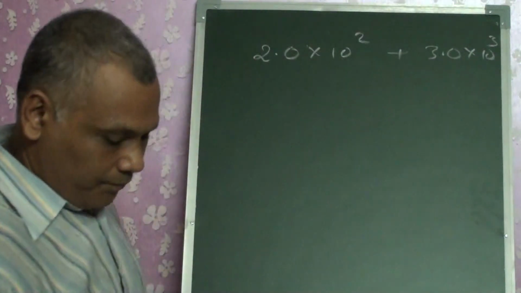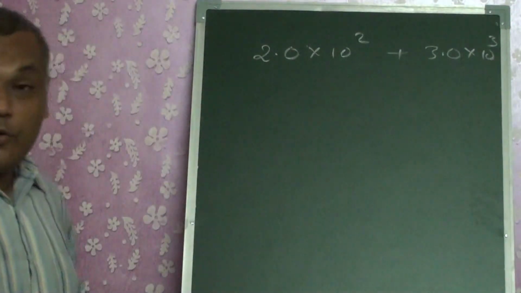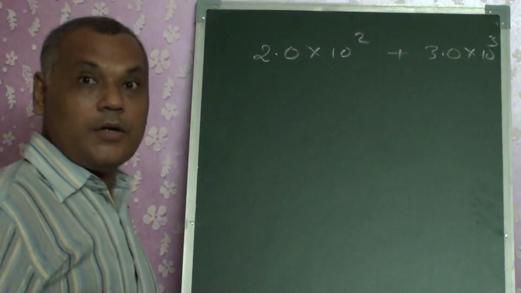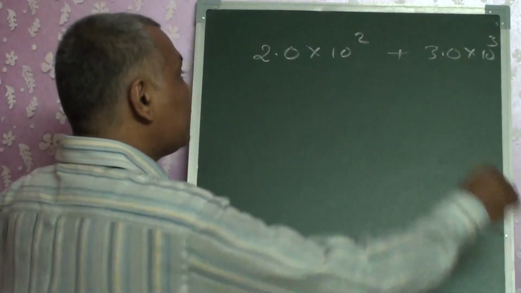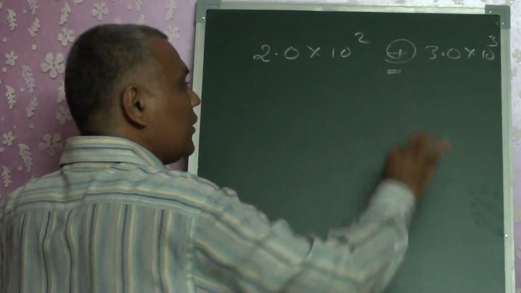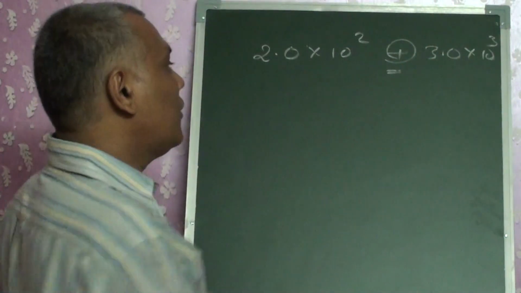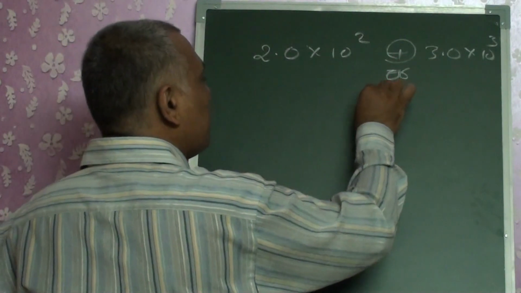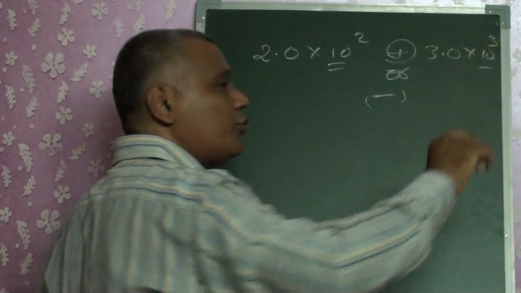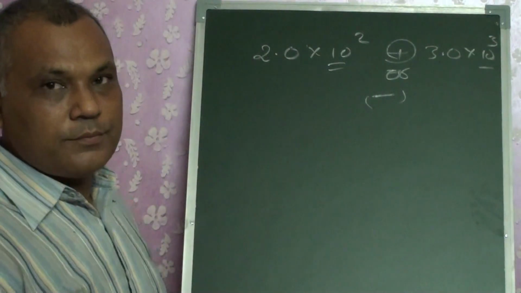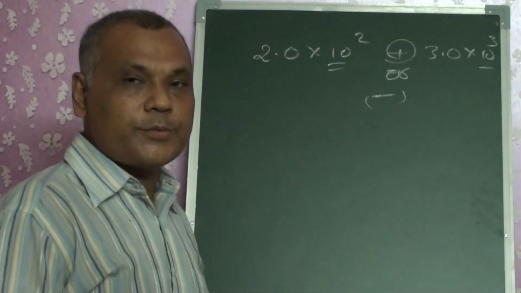What is the answer? You want to go for the addition, right? So make sure that when addition or subtraction is given to you, your exponents should be the same.